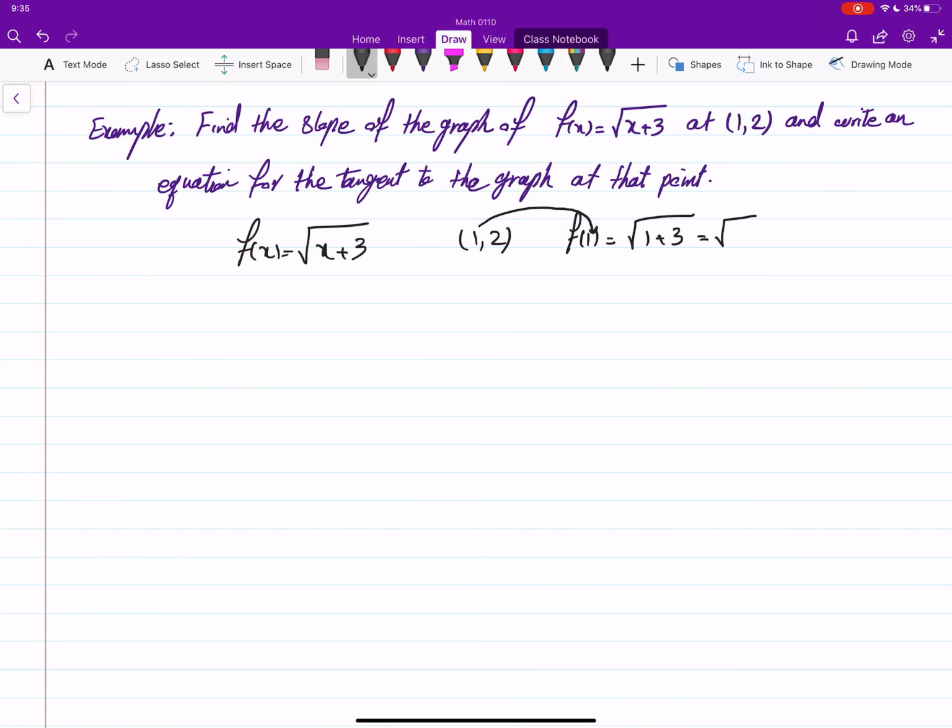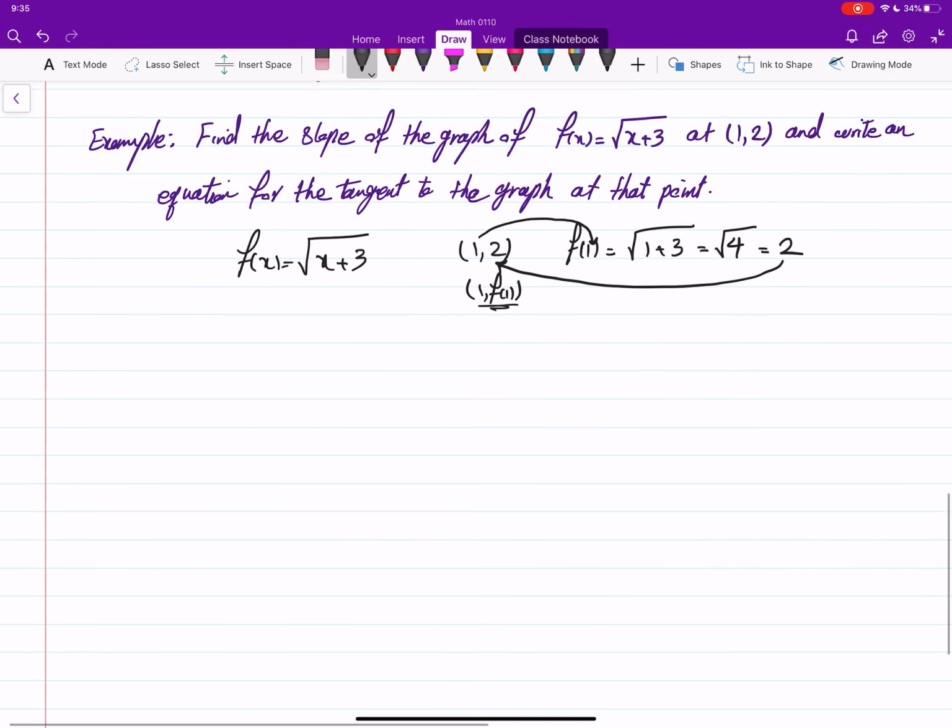It is root of 4, and that is 2. You will get the second component. That shows that this function is one-to-one, and that means this point is on the graph of the function. That's nice. That's the point.